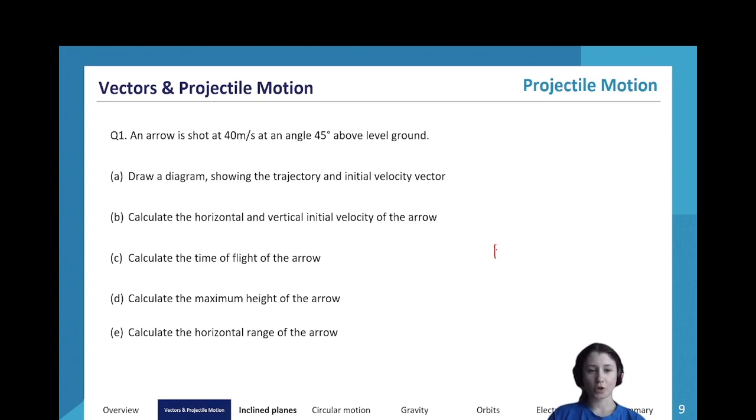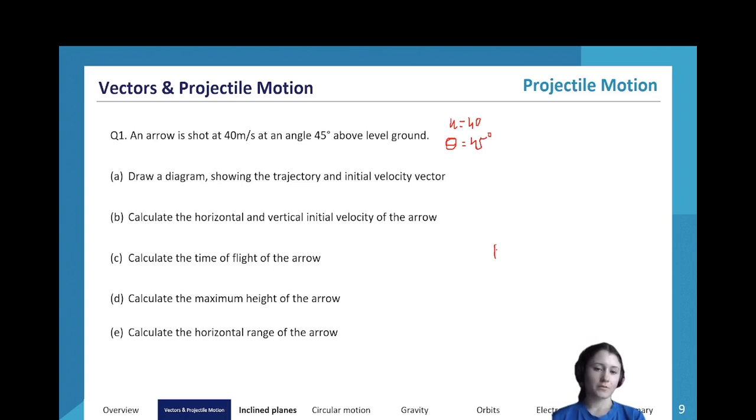It's being shot at 40 meters per second, which means that our initial velocity is 40. It's being shot at an angle of 45 degrees above level ground, and that tells us that our theta value is 45. So theta is the angle at which the projectile is being shot.